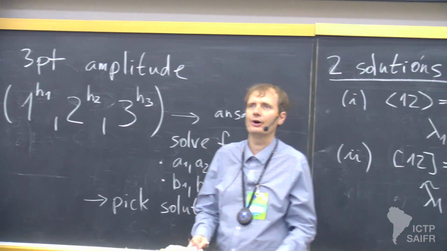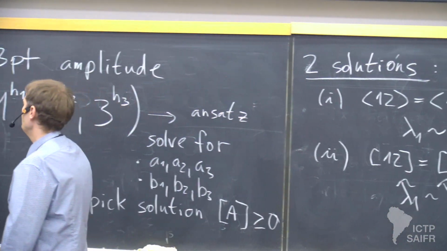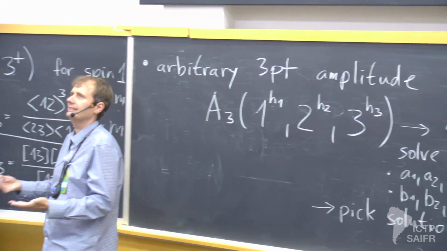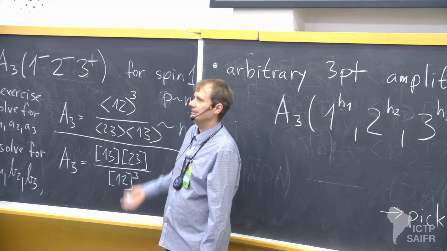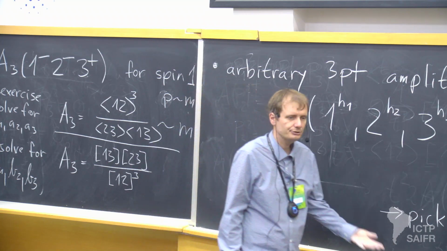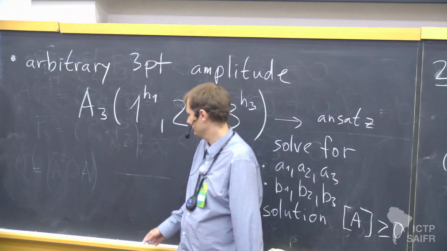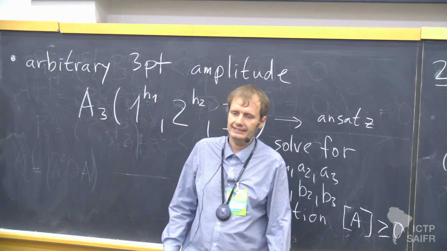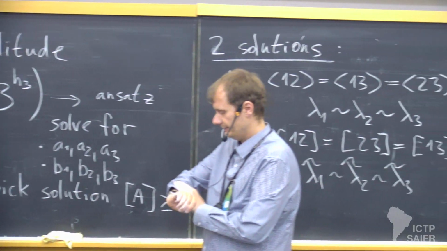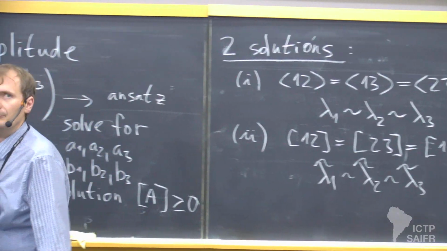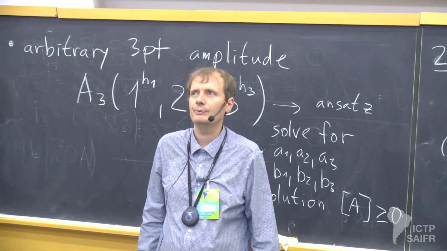All of them are 0. So you cannot cook up any cross ratio, nothing that you can do from that. So everything is carried by just this factor. It's not true at 4-point. At 4-point, you start to have non-trivial things that you can write, and then things are not completely fixed. But the 3-point amplitudes are completely fixed.